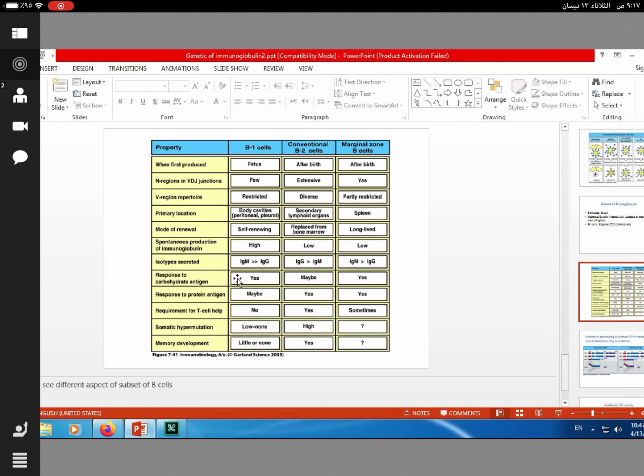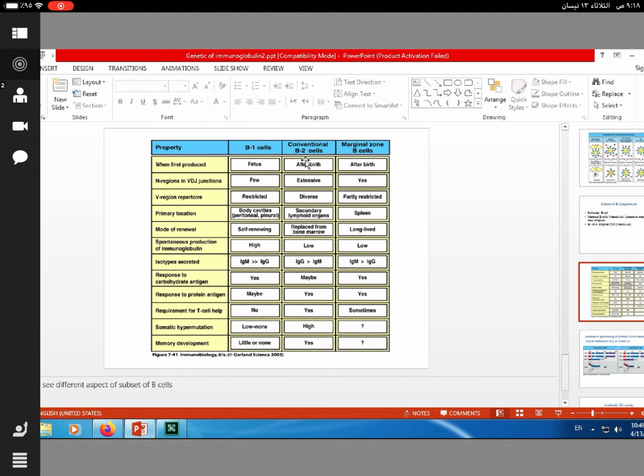In this figure, you can see different aspects of subsets of B cells. For example, B1 cells are first produced in the fetus, follicular B cells or B2 cells after birth, and marginal zone B cells after birth. Response to protein antigen: B1 cells maybe.